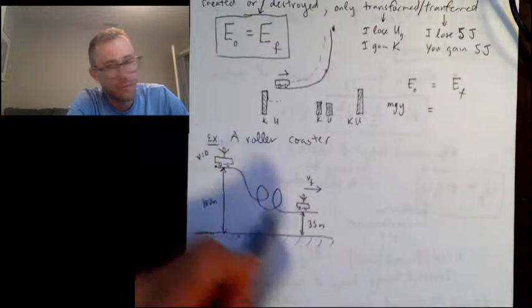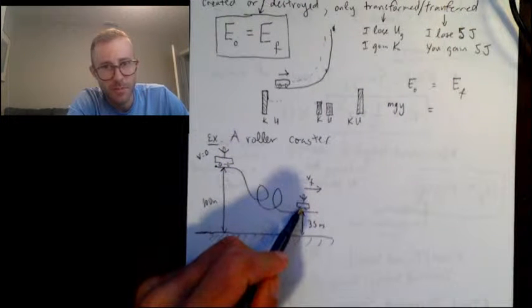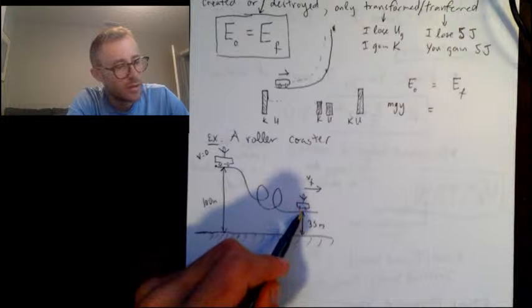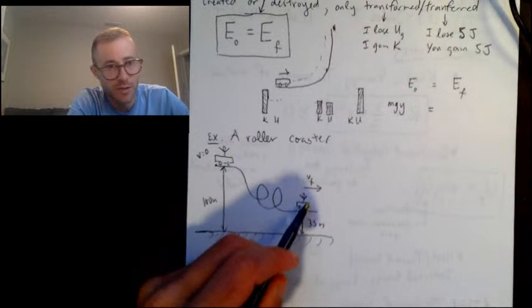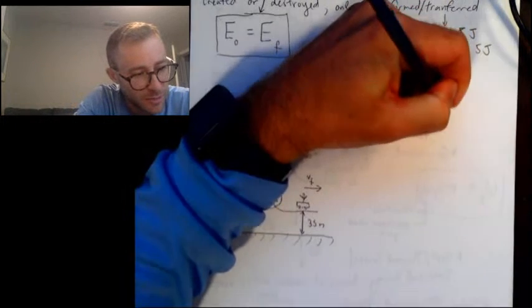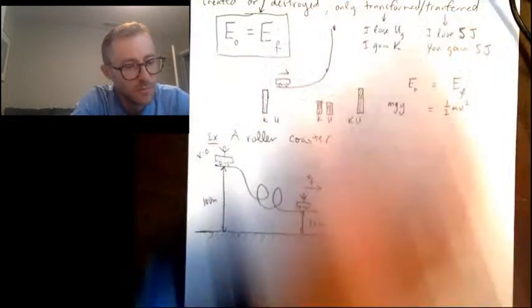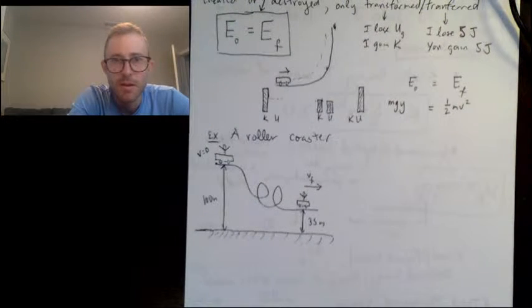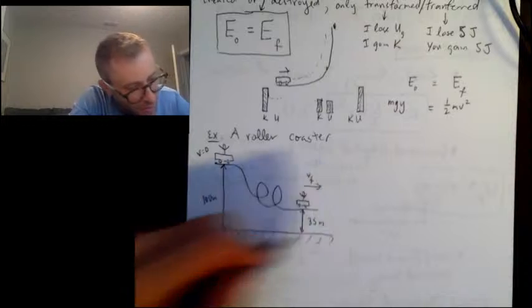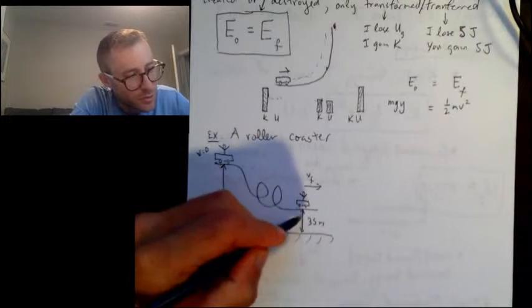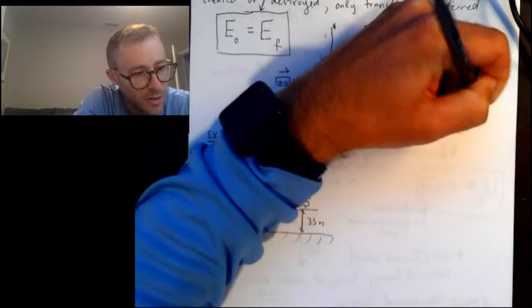So once we get to the final point, which is right here, the roller coaster cart is moving. So now we're going to have kinetic energy. Okay? But we still haven't gotten all the way to the bottom, so we still have potential energy as well.